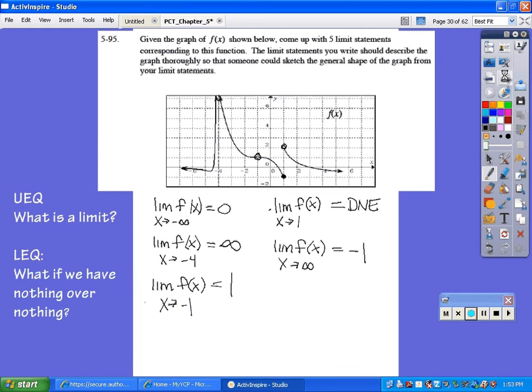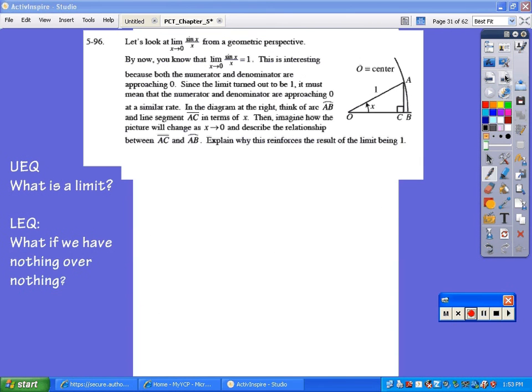Problem number 96 talks a little bit about what we talked about in class as far as what happens when we have sine of x over x. It does say that it is interesting because the numerator and denominator are both approaching 0, but the limit turned out to be 1. Again, that goes back to Miranda's idea that we had 0 divided by 0, and that is not the important part because we know that's undefined.